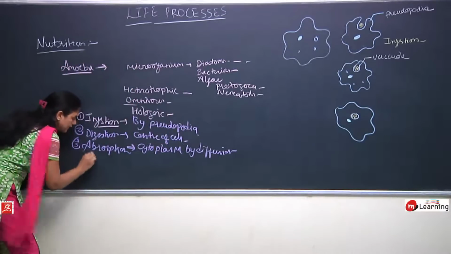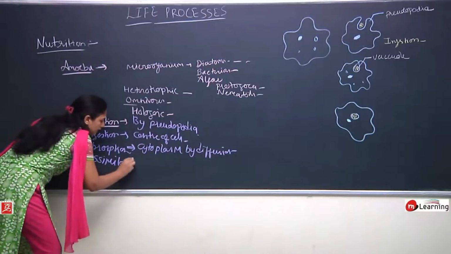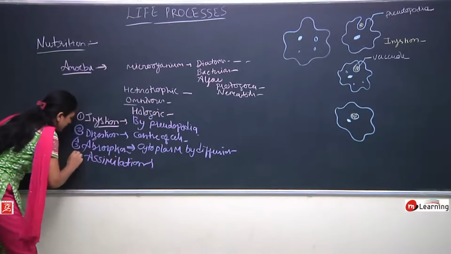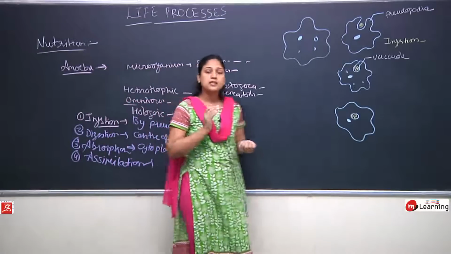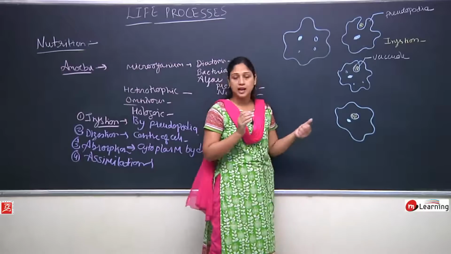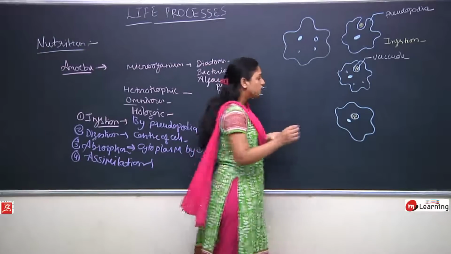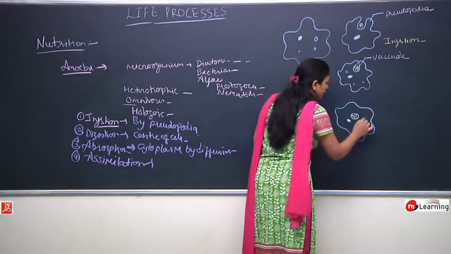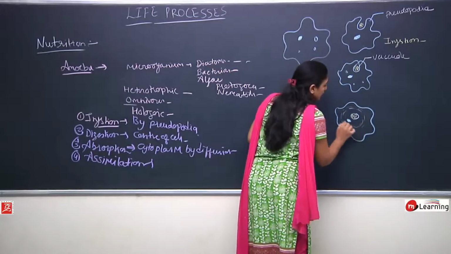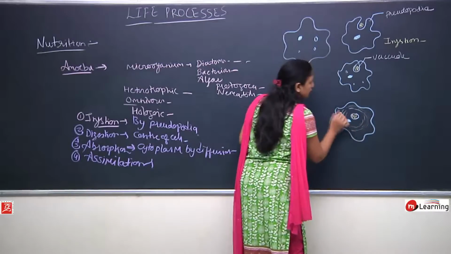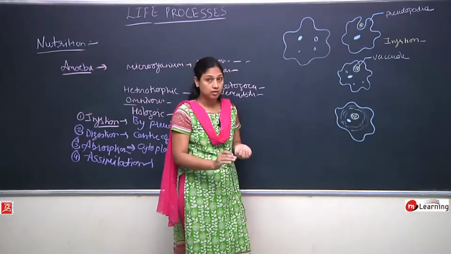Then happens the assimilation. So the food has come into the cytoplasm, and one of the processes which happens in the cytoplasm is called cyclosis, in which the cytoplasm is continuously moving in the cell in a cycle, and this streaming of cytoplasm is called cyclosis.